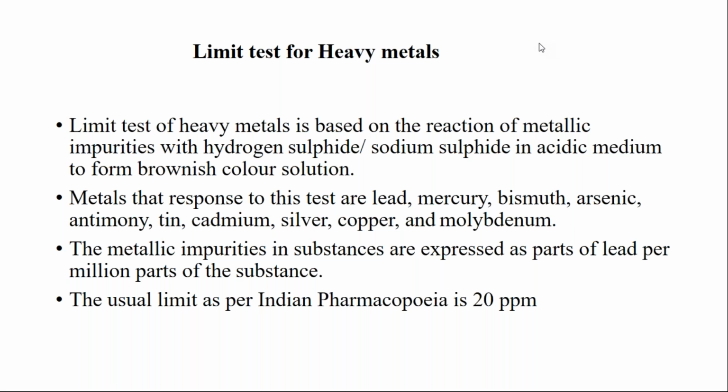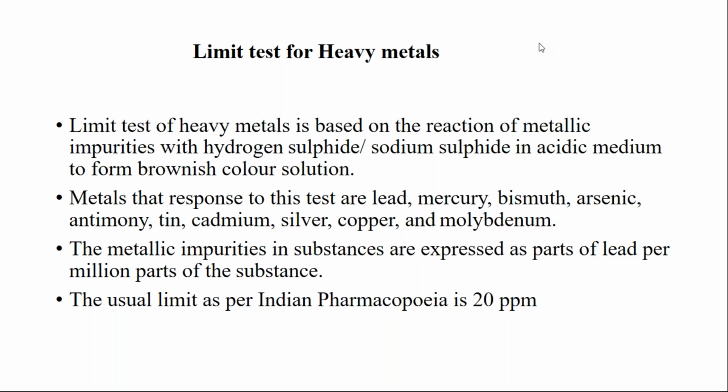So the limit test for heavy metals is based on the reaction of these metallic impurities with hydrogen sulfide or sodium sulfide, and this reaction takes place in an acidic medium to form a brownish color solution. This is the principle behind the limit test for heavy metals.